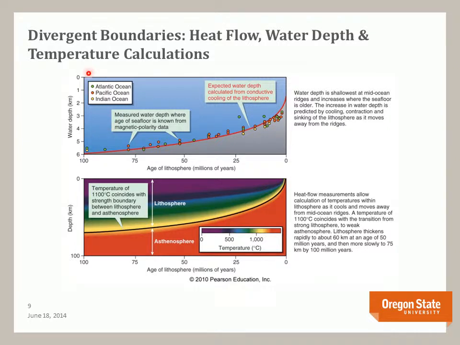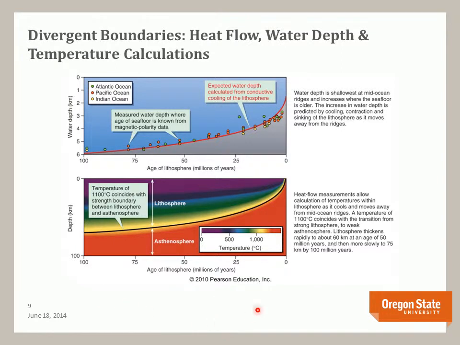As a result, they sink into the asthenosphere, and therefore the water depth gets greater. This curve is a model that shows the water depth, and notice that here is information that's actually taken from water depth, and there's a very close correlation. So once again, the model of the crust getting thicker and sinking and producing greater water depth is consistent with observations.